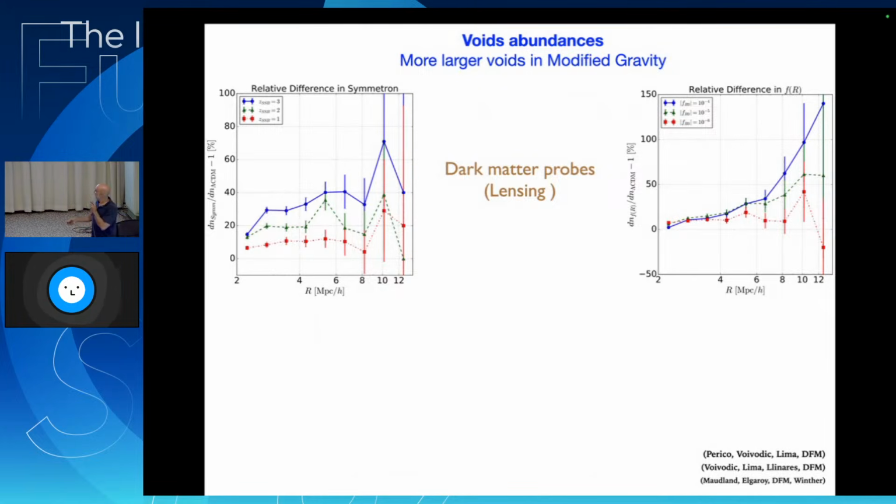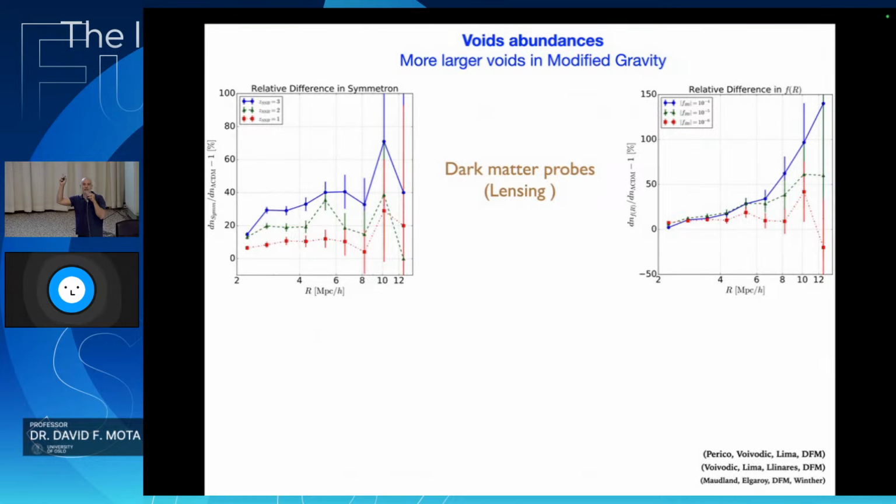Yeah. Okay, so we can have different theories of gravity, for instance, f of R. If I count the number of voids as a function of their size, how big they are, usually in modified theories of gravity, voids are larger.